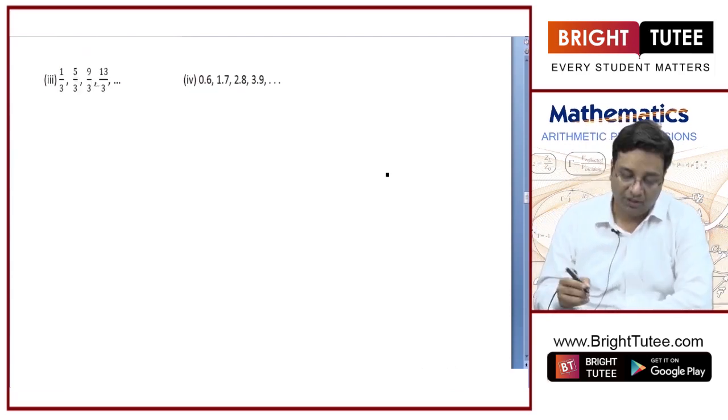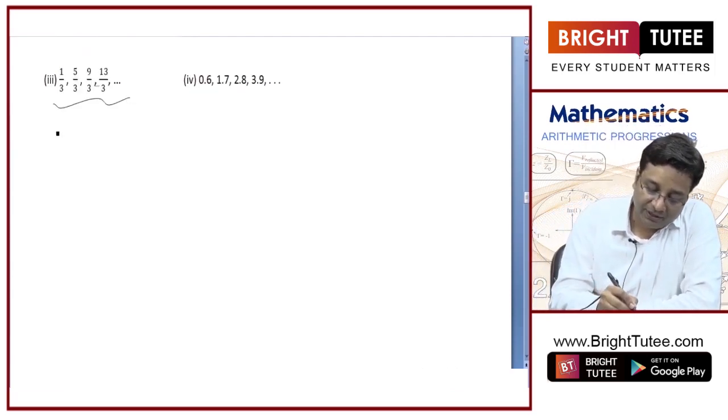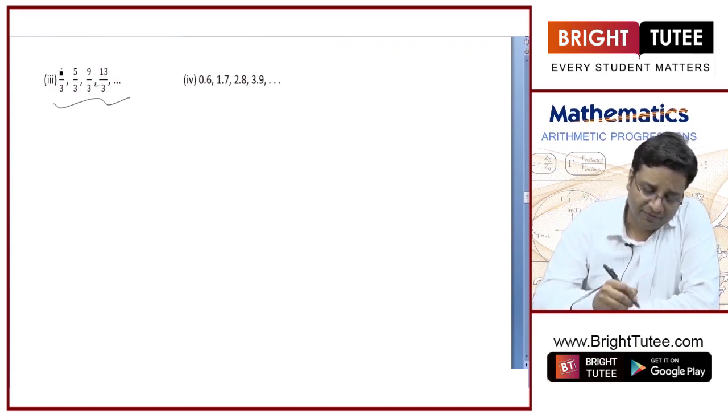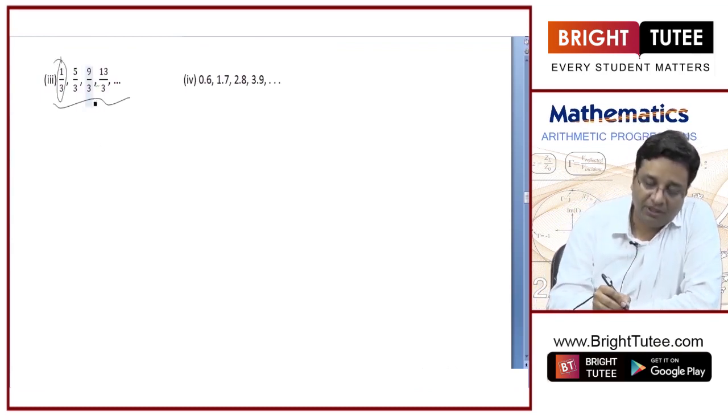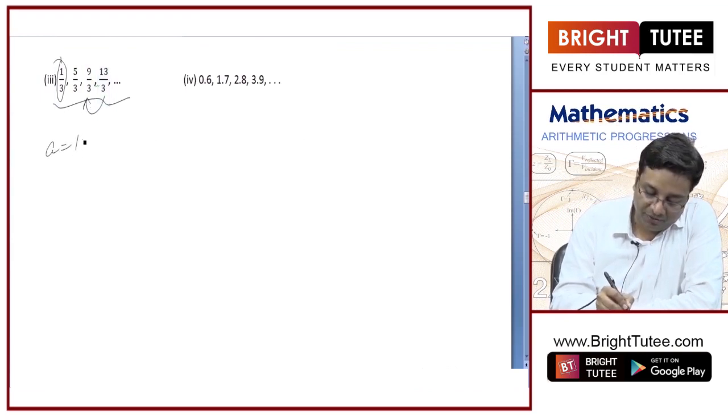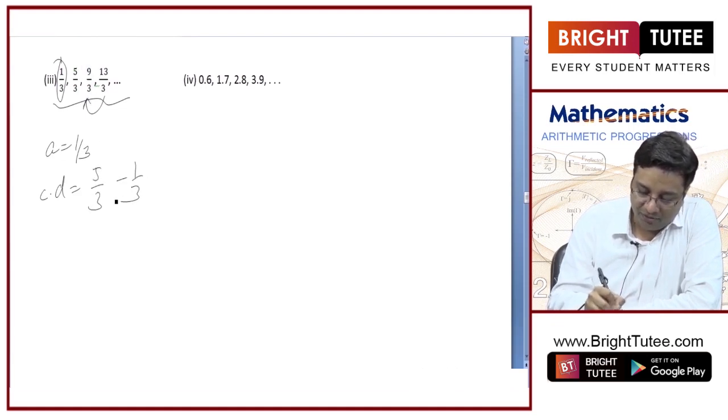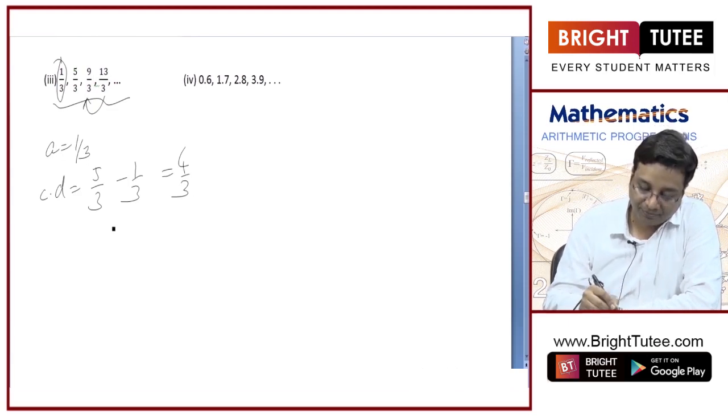In part 3, you will follow the similar pattern. This is your first term, and common difference you can find by subtracting any 2 terms. For example, first term is 1 by 3 and common difference is, let us subtract 5 by 3 minus 1 by 3. So 4 by 3 is the common difference here.